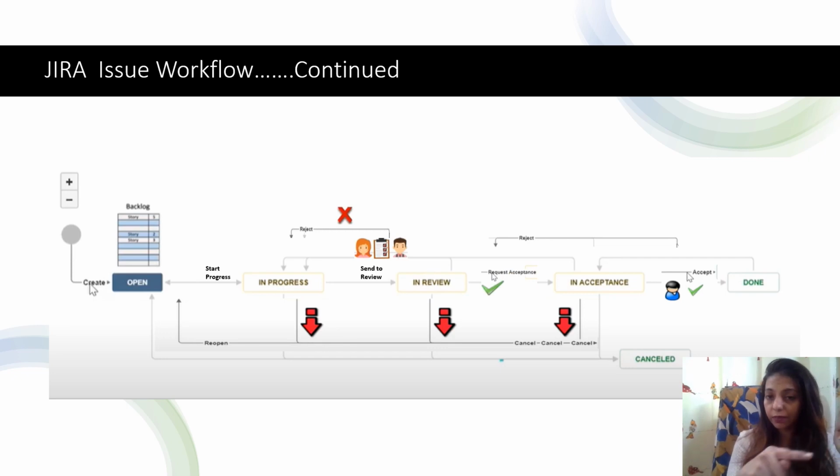So this is how the life cycle flows till accepted, till done. In reverse, it can go from cancelled to reopen. So this is how the life cycle of JIRA continues, and the entire cycle follows this process. This is the main, say, heart of JIRA.